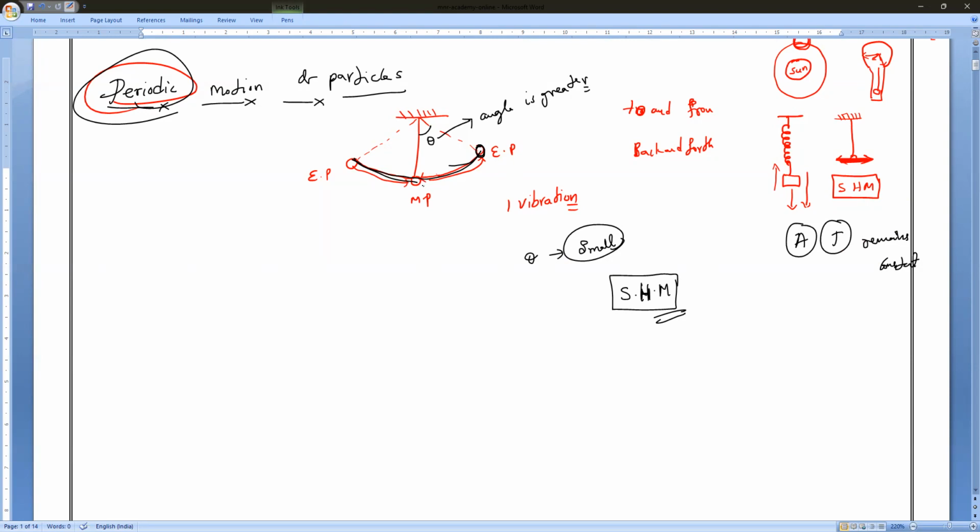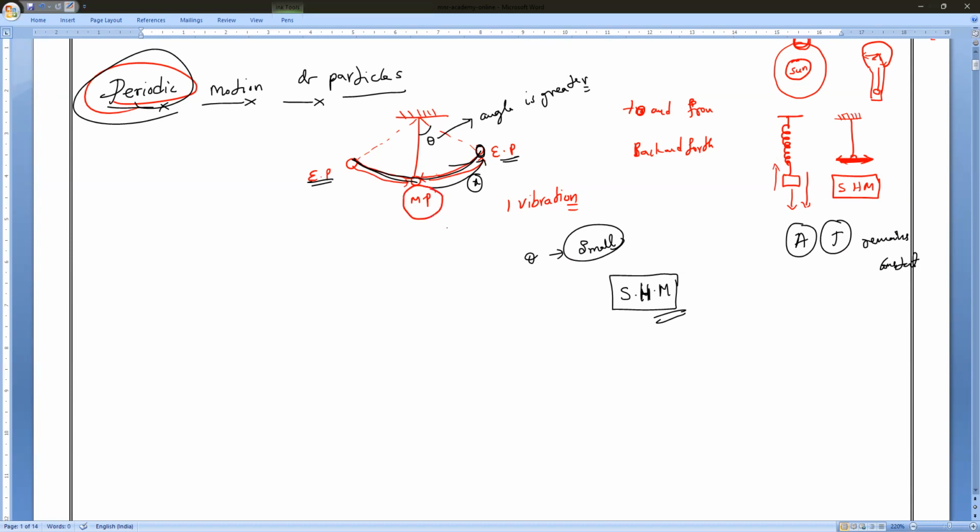The bob is displaced to the extreme point, displacement X. If he releases the bob, is the acceleration towards the mean position or towards the extreme position? The body will start accelerating towards the mean position.